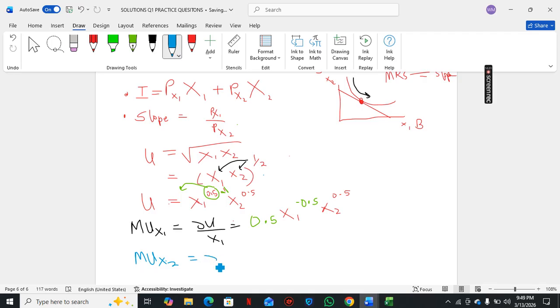You are deriving your utility function with respect to x2. So this time it means you're only deriving this x2 here.